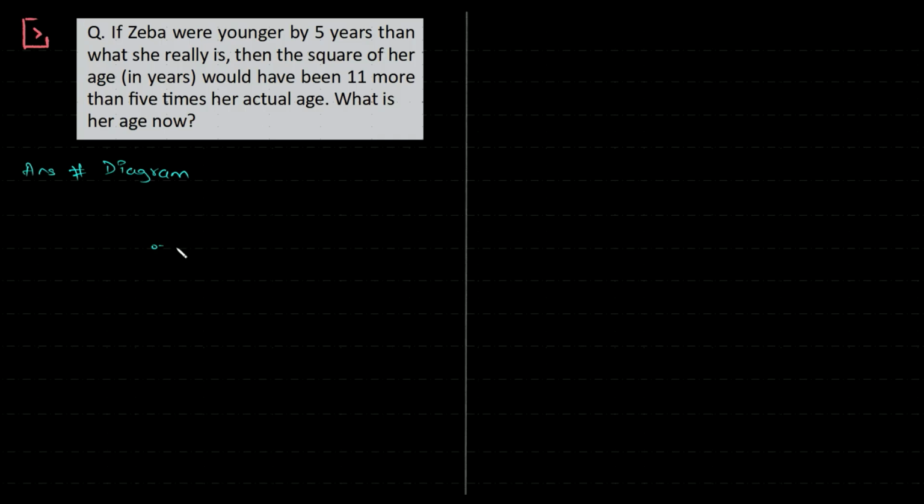If present age is x, there is only one character, and the past age, how many years back? 5 years back. The person's age will be x minus 5.